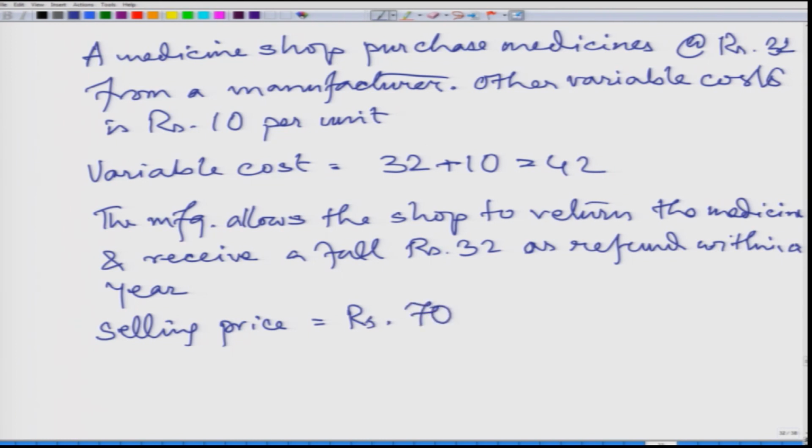And total fixed cost is rupees 84,000. Let's see what happens.